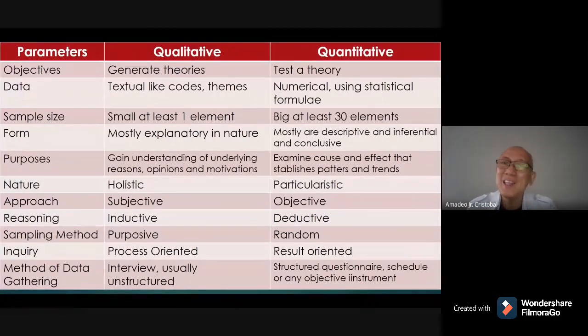So a qualitative research is usually done by an experienced researcher, while a quantitative can be done by a neophyte researcher because everything is written, everything is structured.